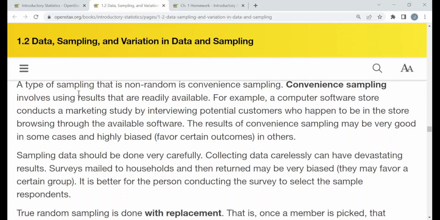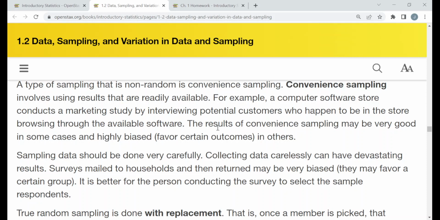But a type of sampling that is non-random is convenience sampling. Convenience sampling involves using results that are readily available. For example, a computer software store conducts a marketing study by interviewing potential customers who happen to be in the store browsing through the available software.